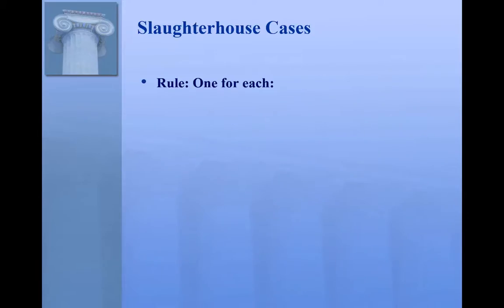Okay, so let's go down these one by one, because this is such a complex case, and you'll notice I didn't ask you to brief it this week. There's a rule for each one of the claims that they make. The court says, sorry, 13th Amendment is out. This is not involuntary servitude. Obviously, the 13th Amendment was intended to apply to slavery, and you're not being enslaved.